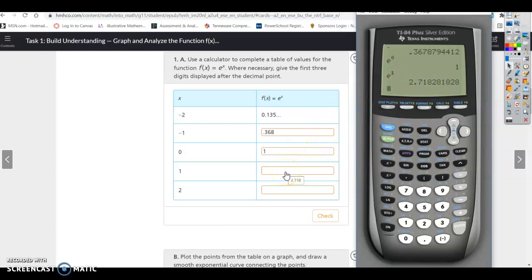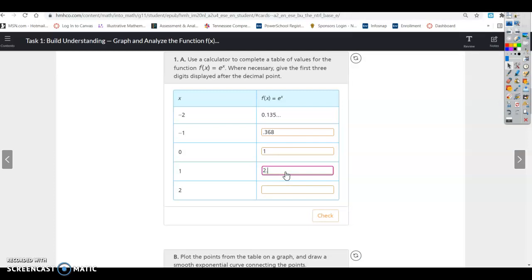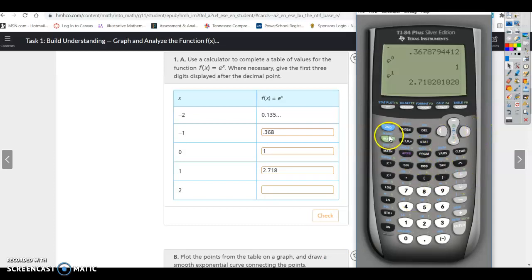So 2.718. And then we want to raise it to the second power. So we're going to square it. So e squared is going to be 7.389.